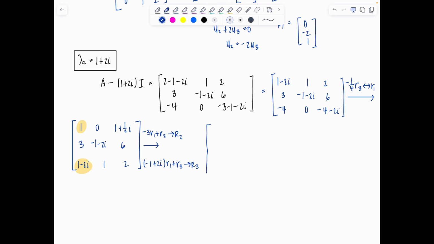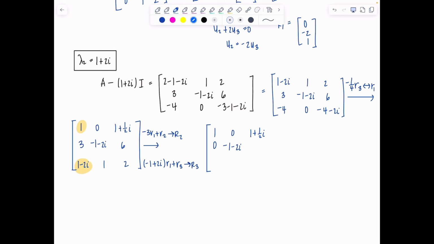Okay. So we have 1, 0, 1 plus 1/2 i. Then 0, that won't change, negative 1 minus 2i.